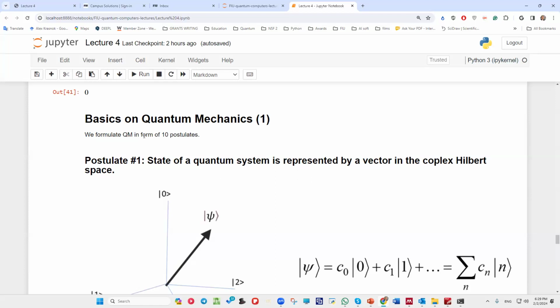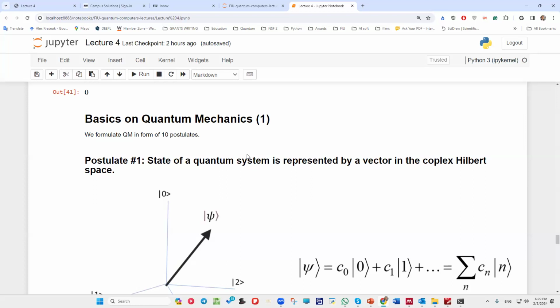All right, so having said all this, I transition to the new part, the new chapter of the course, and that we will continue next time. Basics of quantum mechanics. I believe the best way to formulate the basics of quantum mechanics is the way of postulates.